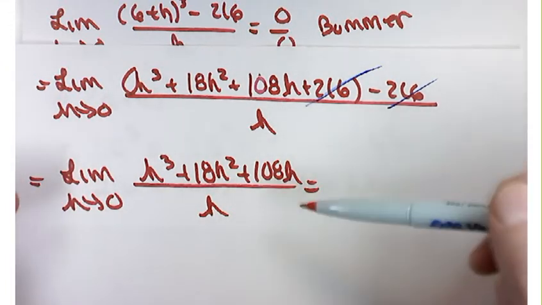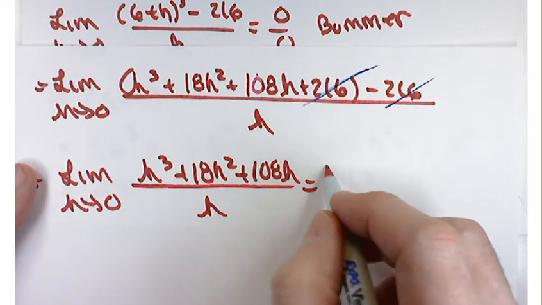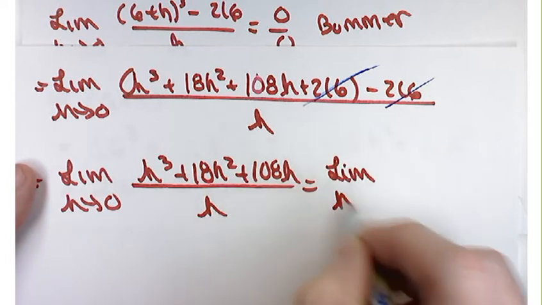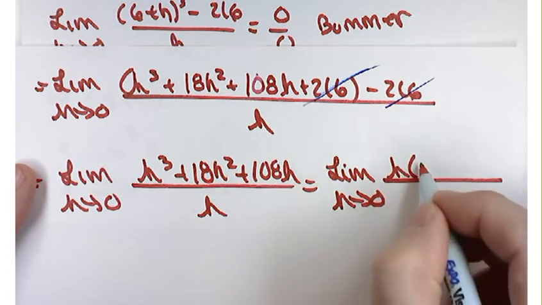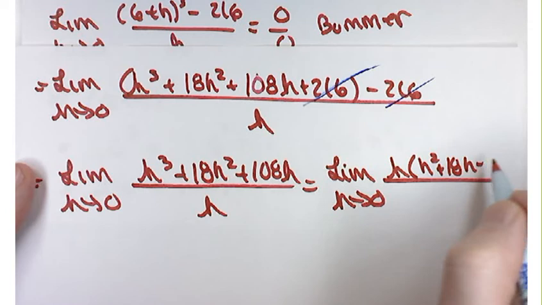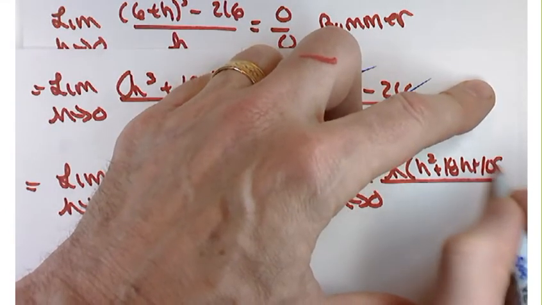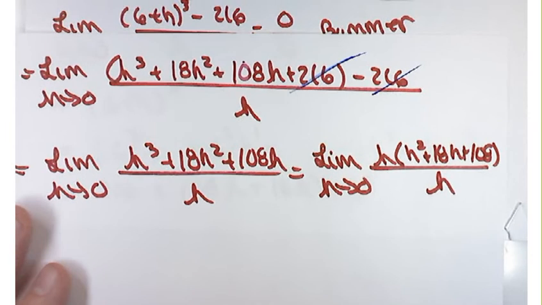This isn't quite far enough because we still would be left with h over h. But here's the last trick. Limit as h approaches 0 of h times h squared plus 18h plus 108, over h. And what was my trick here? What did I do?